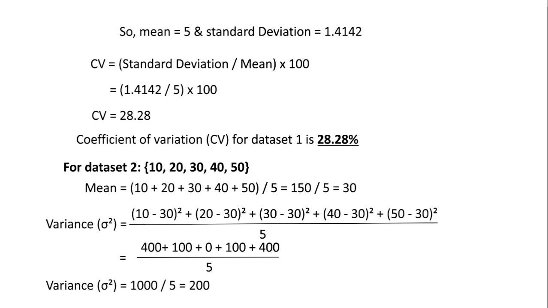Variance, sigma square, equals 10 minus 30 square plus 20 minus 30 square plus 30 minus 30 square plus 40 minus 30 square plus 50 minus 30 square by 5 equals 400 plus 100 plus 0 plus 100 plus 400 by 5. Variance, sigma square, equals 1000 by 5 equals 200.